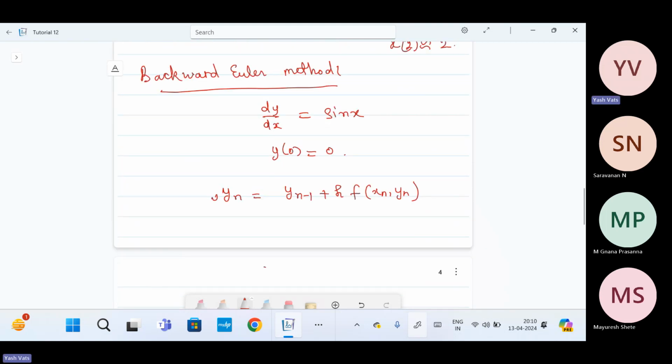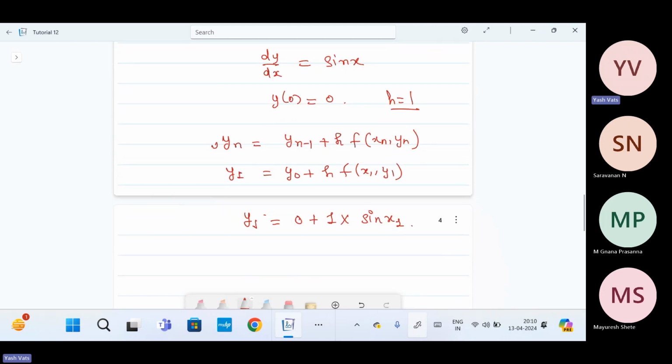So here f y0, you want to find y1, y0 plus h f x1, y1. Say h is 1. Then y1 is y0, which is 0, plus h which is 1, into f x1, y1, meaning sin x1. So y1 is basically sin x1.